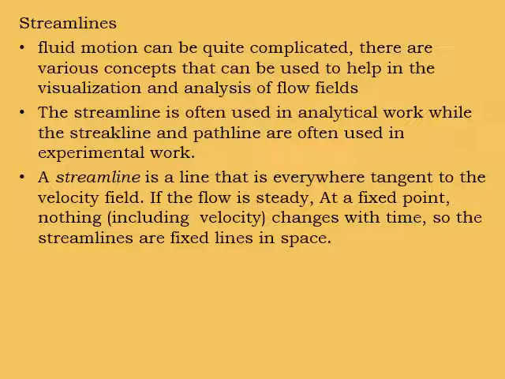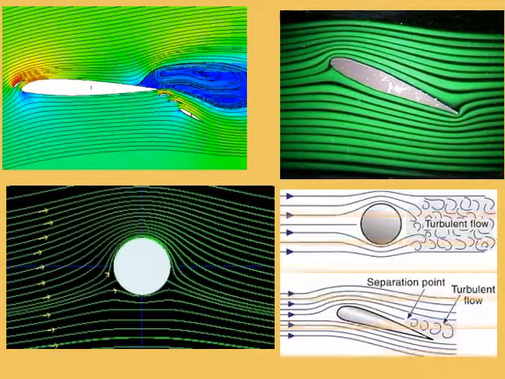If the flow is steady, that is, at a fixed point it does not change with time, then the streamlines are fixed lines in space. Here it shows the streamline of fluid flowing over an aerofoil shape, and we can also see the disturbance or turbulence after the separation point.